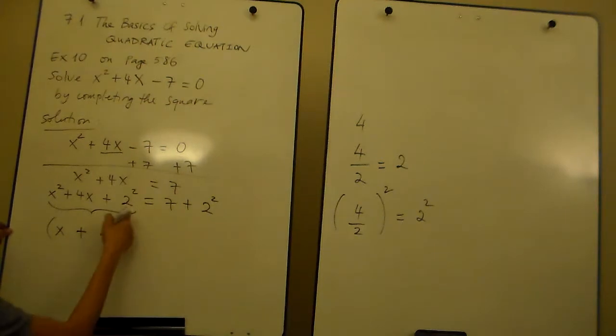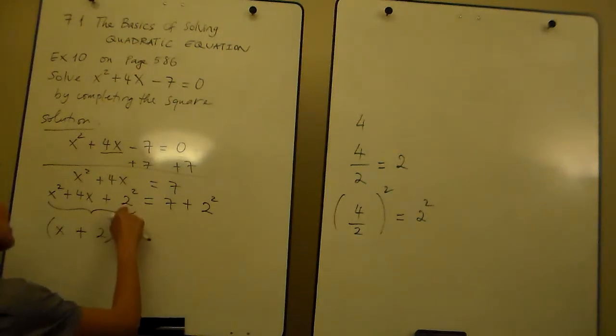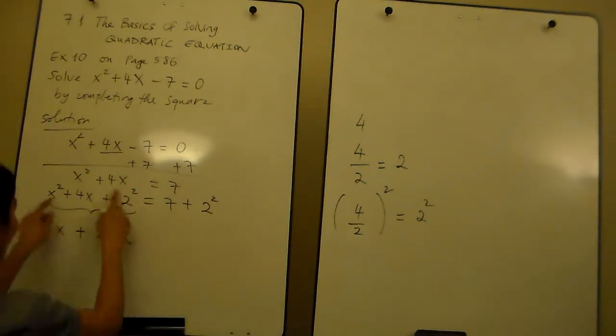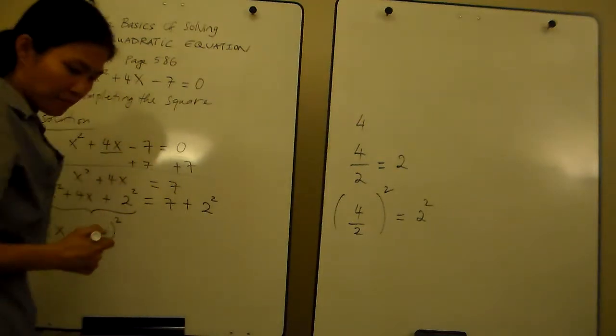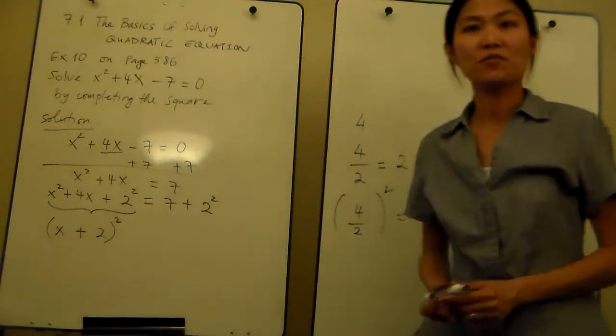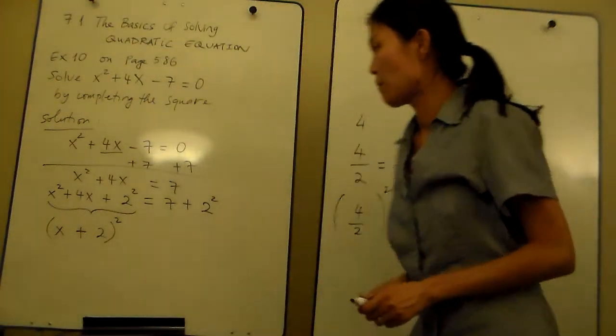The second term comes from 2 squared. That's why we complete the square. Completing the square means that by adding this 2 squared, you can factor this trinomial to x plus 2 squared.